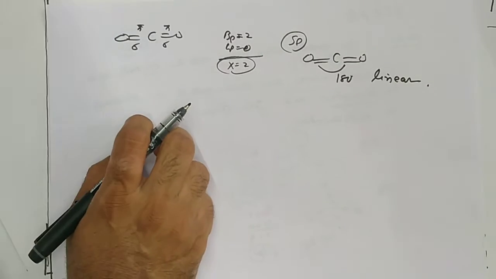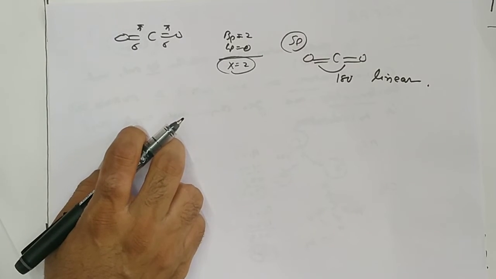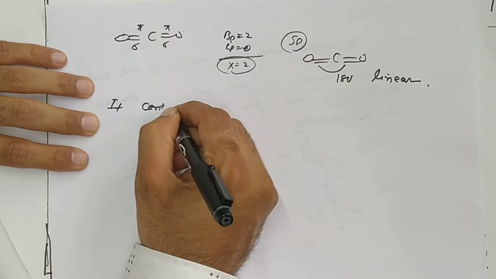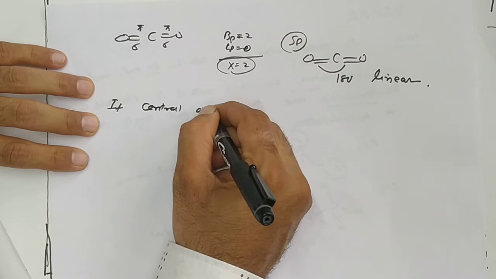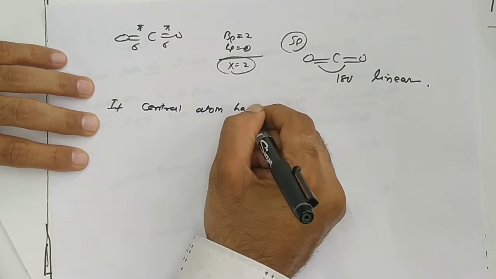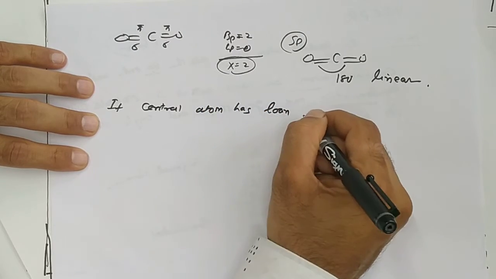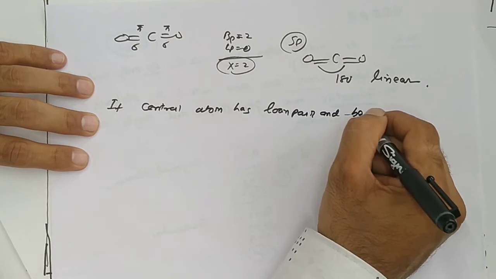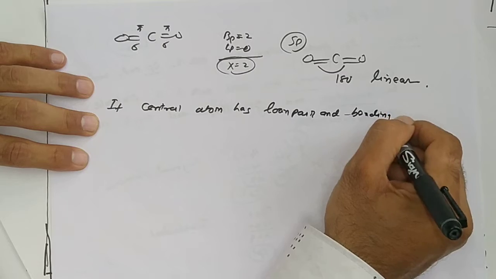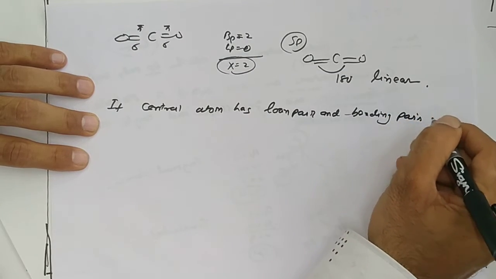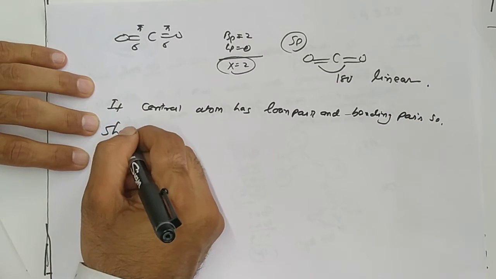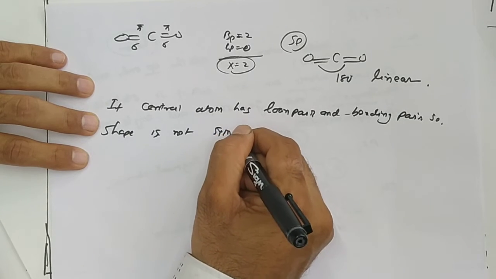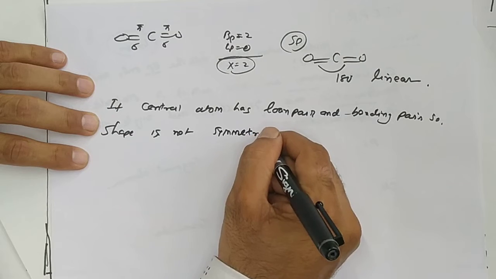Now if the central atom has a lone pair and bonding pair, the shape of the molecule is not symmetrical.